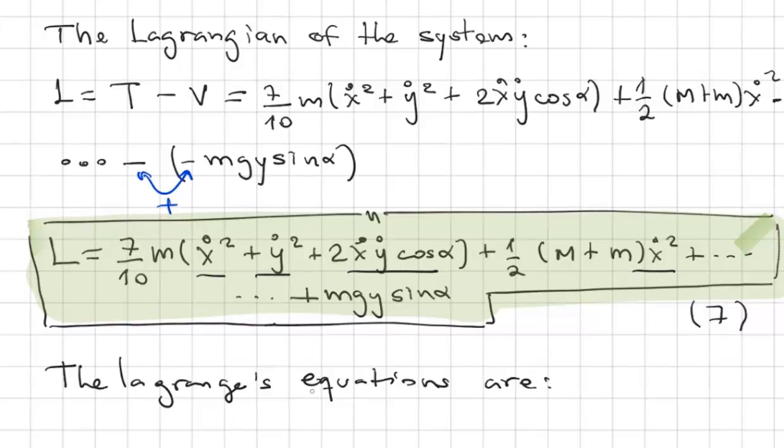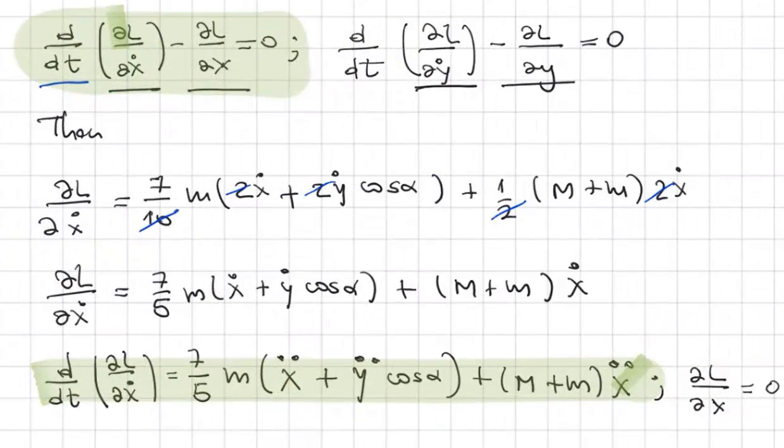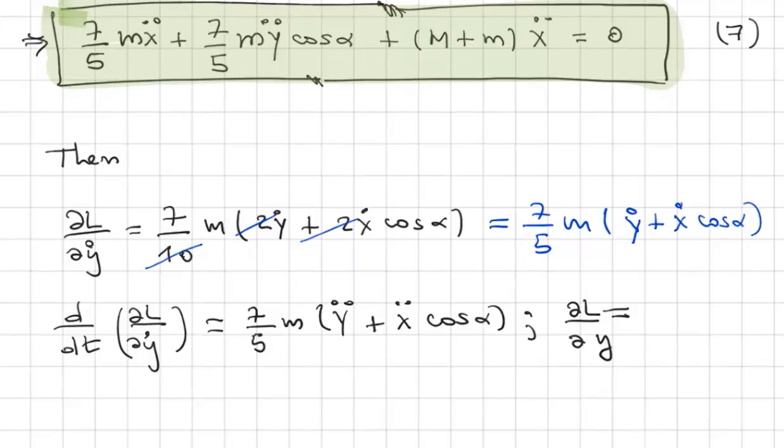The only term that is surviving here is mg y sine of alpha. Then the derivative with respect to y of that term is mg sine of alpha. So dL/dy is mg sine of alpha.